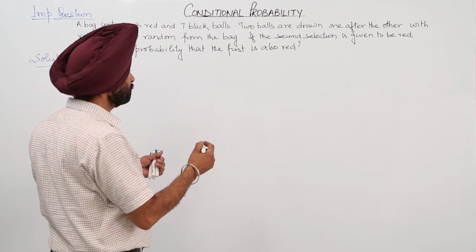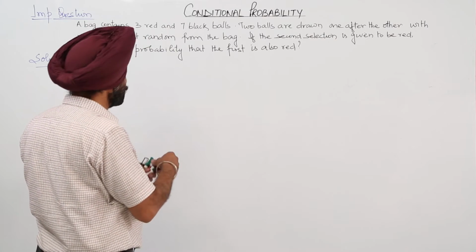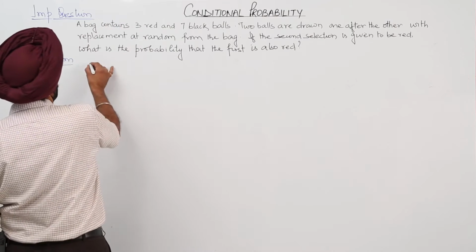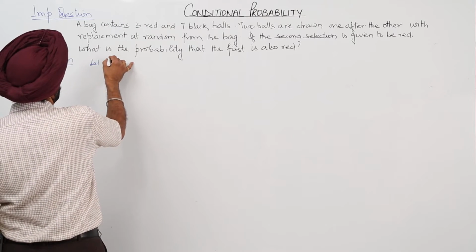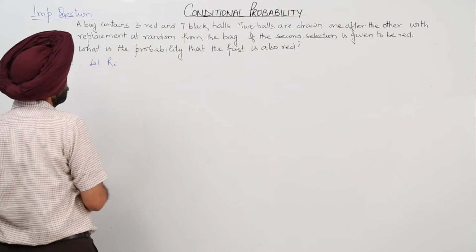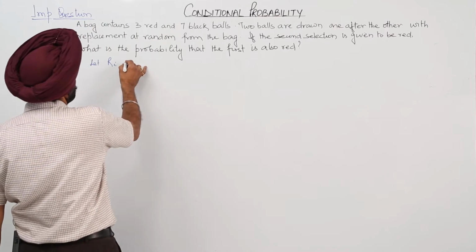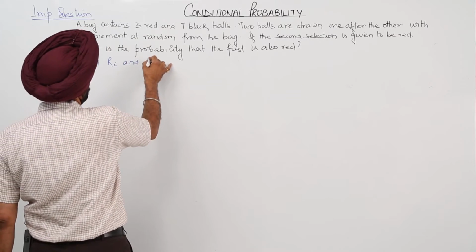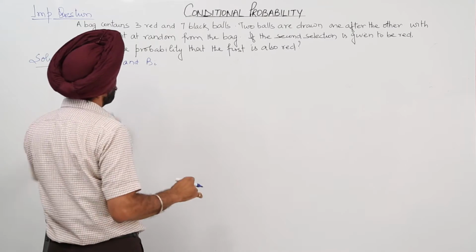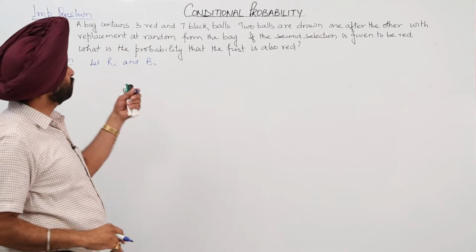Now just look at a few terms which I am going to write. Now let R with the i in the base and B with the i in the base. Now R stands for red and B for black balls.